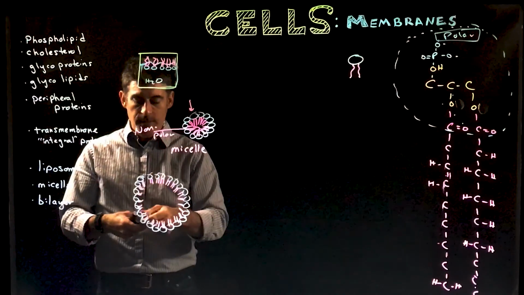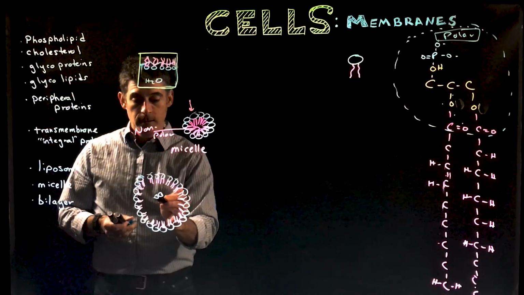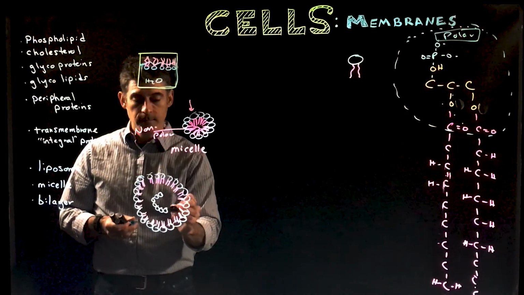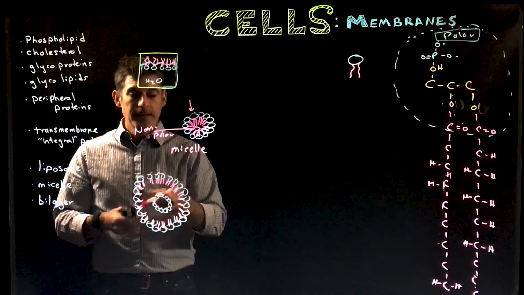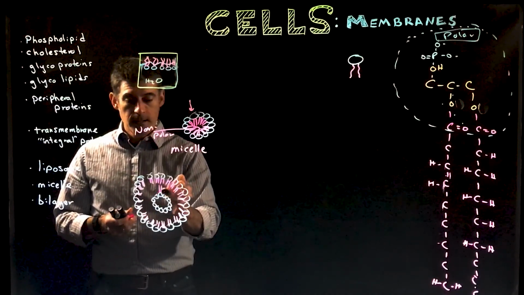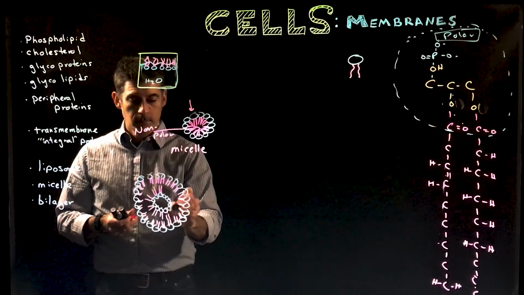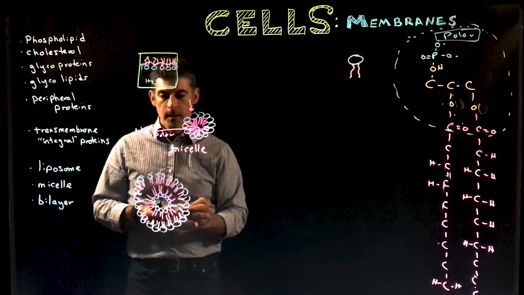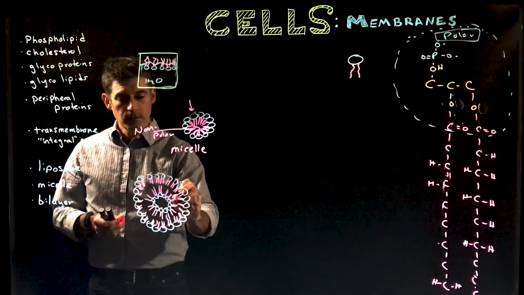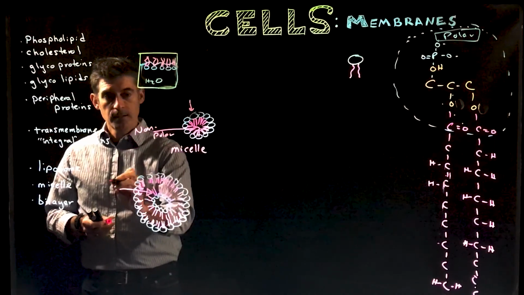But then we see a second layer, another layer of phospholipids. But this layer is a little bit different. The tails are going to orient with the other tails, like that. So now this whole entire region is nonpolar.